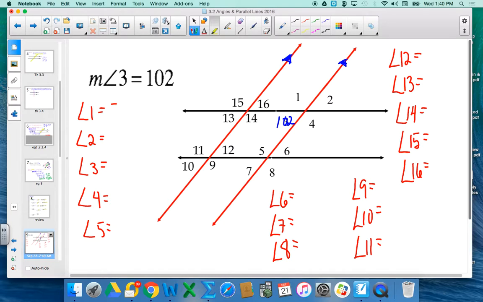I got 78, but for what? One. I know what angle 2 and 3 is. Good. Alright, who wants 4, 5, and 6?